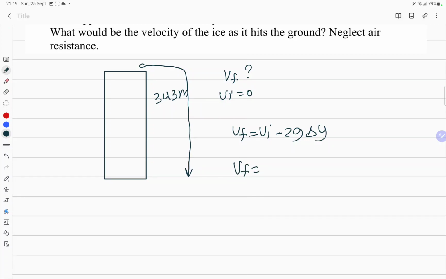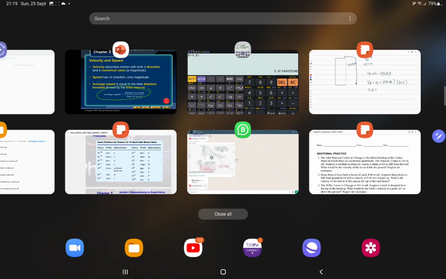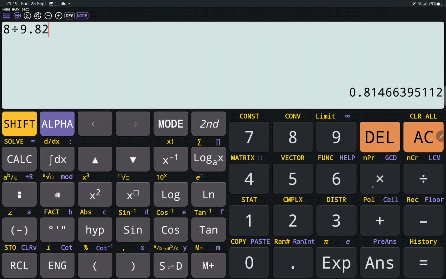V final squared is equal to 0 minus 2 times 9.81 times delta Y, which is 343. So that's going to be 2 times 9.81 times 343, and that's going to be 2,741.